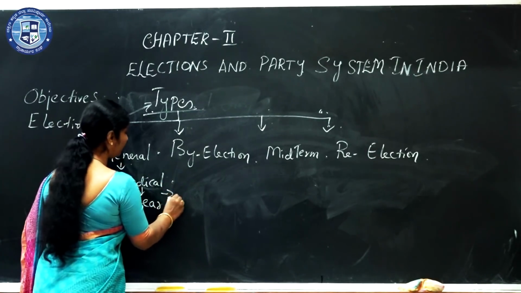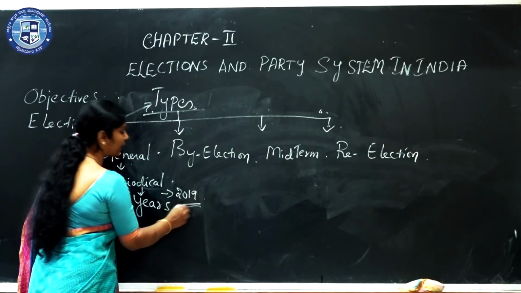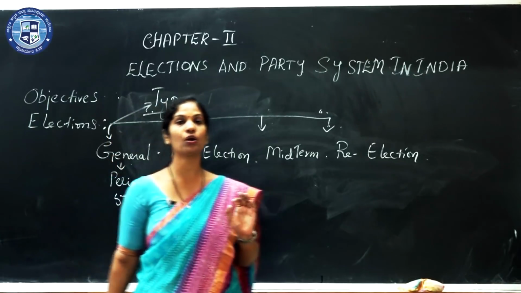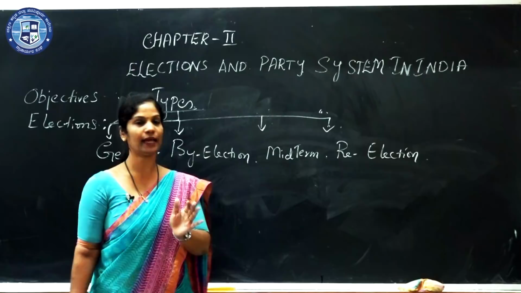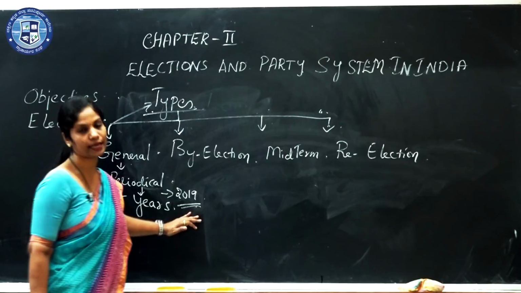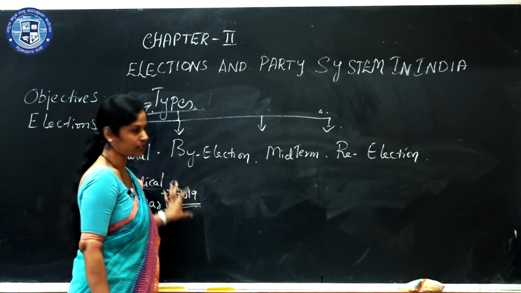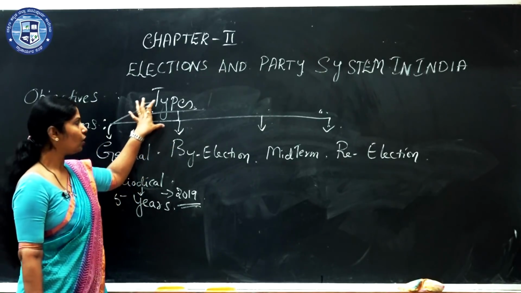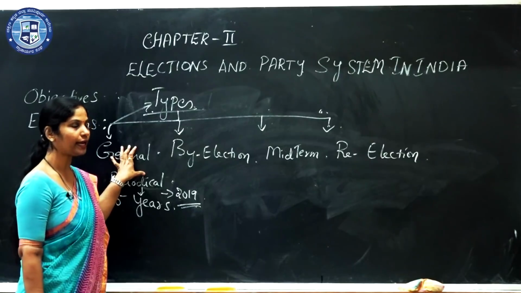For example, the election which was held in the year 2019 to the various Lok Sabha constituencies is known as the general election. So this is one example. We have seen elections to the central government, or to the whole of India, which is known as the general election.